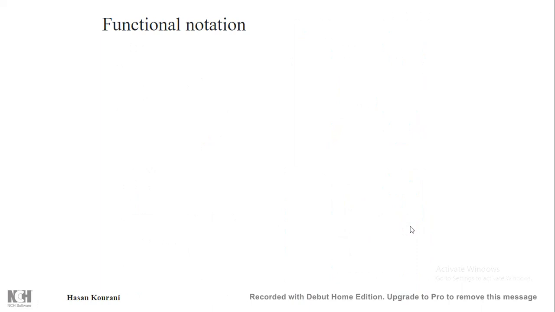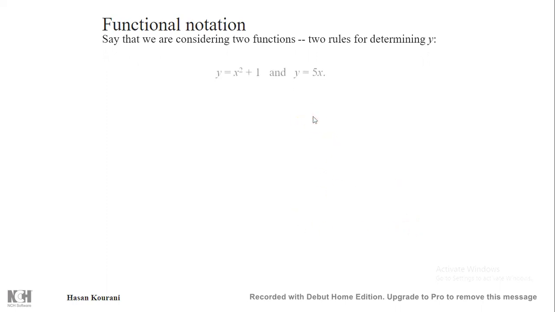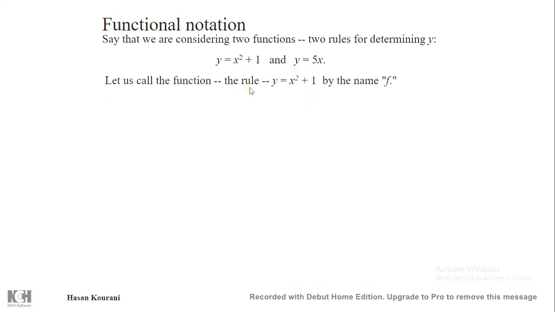Functional notation. This is very important to know. Say that we are considering two functions, two rules: y equal x squared plus 1, and another function, y equal 5x. Let's call the rule y equal x squared plus 1 by the name f, and let us call y equal 5x by the name g.